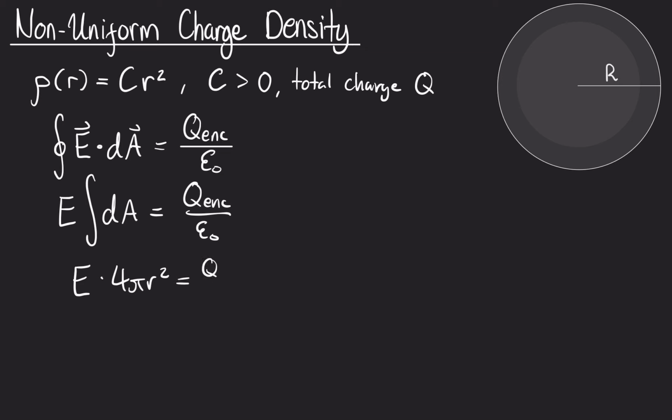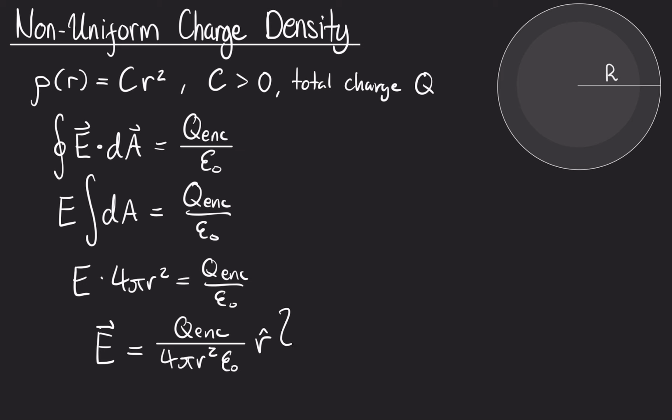And this is still equal to Q enclosed over epsilon naught, which means that we can solve for the electric field and have Q enclosed over, and in this case we get 4 pi r squared epsilon naught. And in fact, we know that this is going to have a spherically symmetric electric field, so we can just write r hat as our vector.